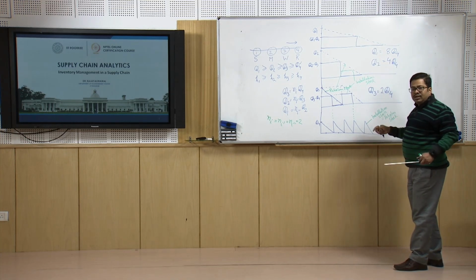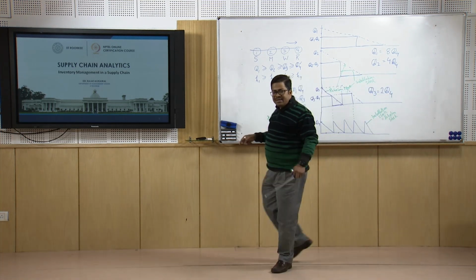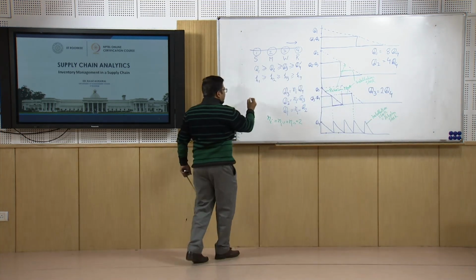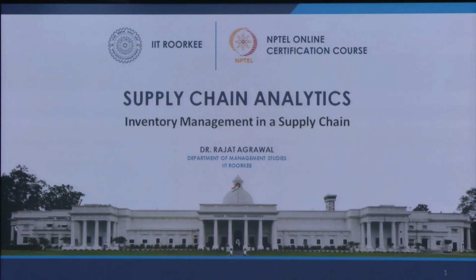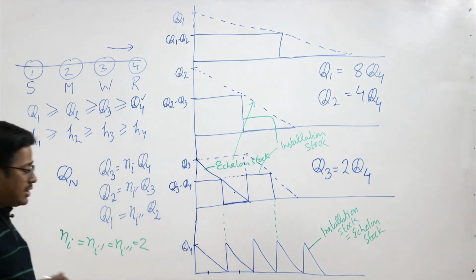So therefore, if I want to generalize this discussion, I can write Qn as my last stage of the supply chain.